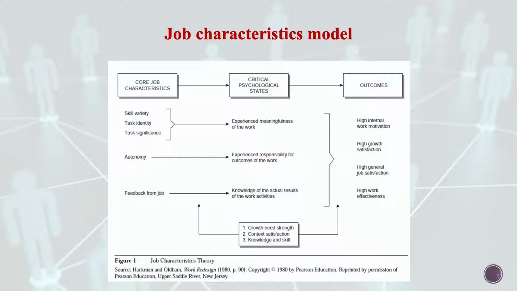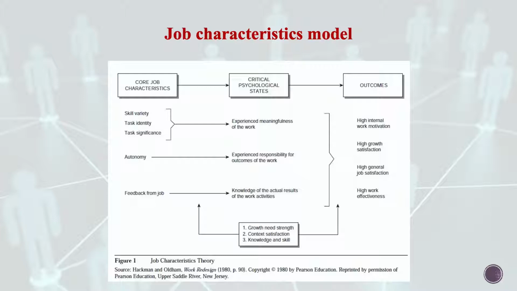Basically, skill variety, task identity and task significance are related to experienced meaningfulness of the work, which in turn affects some of the outcomes. As I mentioned, high internal work motivation, high growth satisfaction, high general job satisfaction, high work effectiveness. These are some of the outcomes of the job characteristics model.